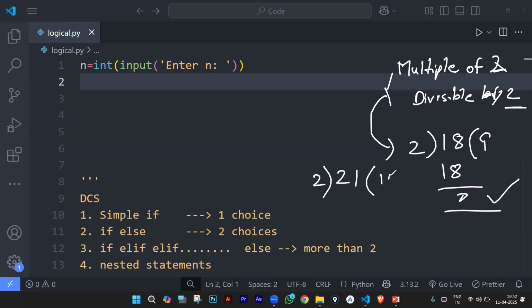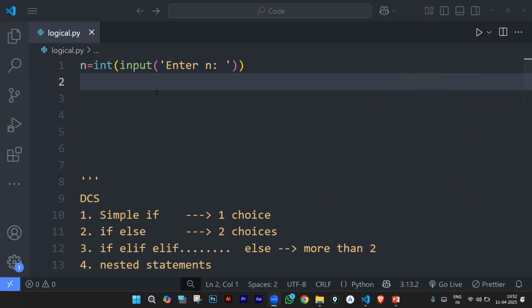Two tens are 20, and we are getting 1. It can be divided, but it's not perfectly divisible. Perfectly divisible means there will not be any remainder. So if you divide a number by 2 and the remainder is 0, then it is an even number. Otherwise, it is an odd number.